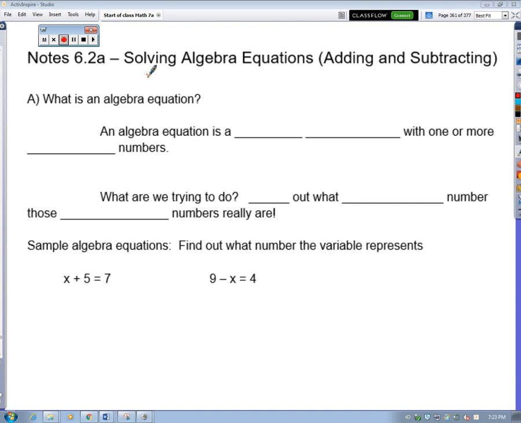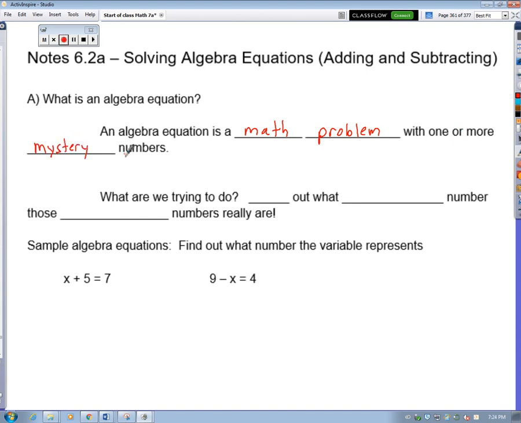Okay, so we are going to work with how to solve algebra equations, and let's first get into what an algebra equation is. An algebra equation is a math problem with one or more mystery numbers.